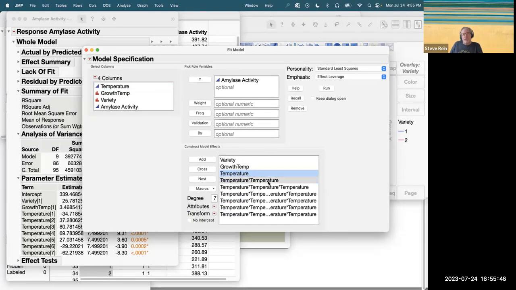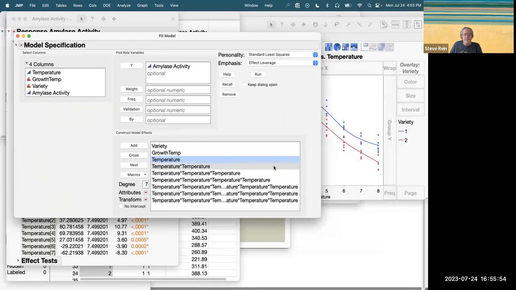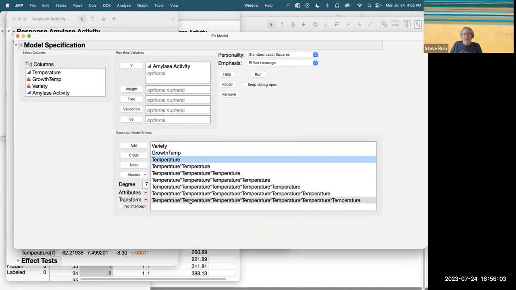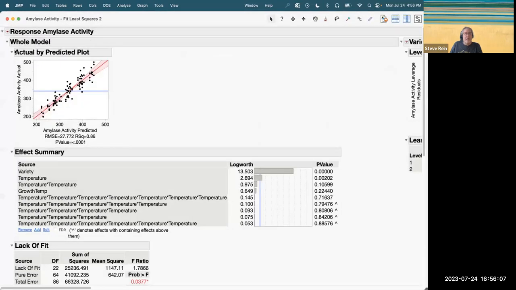So temperature, temperature squared, temperature cubed, the 4th, the 5th, the 6th, and the 7th. Okay, well. I guess I could make that bigger, and you could see that is to the 7th power. Go ahead and run that analysis.